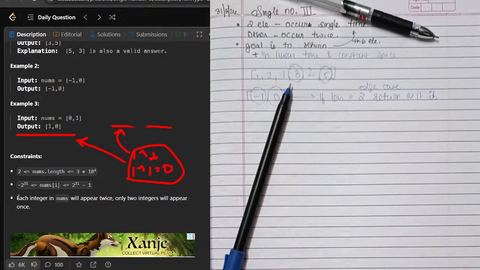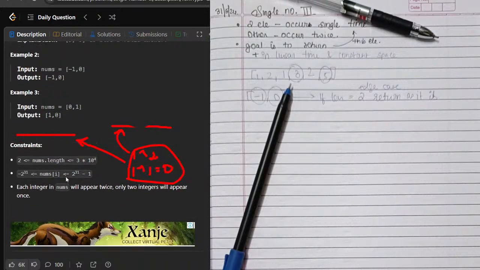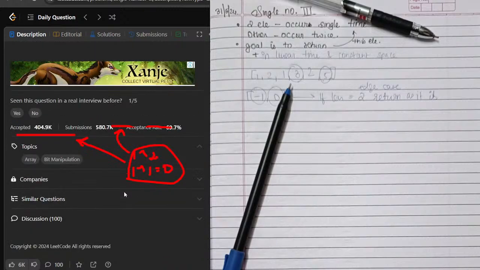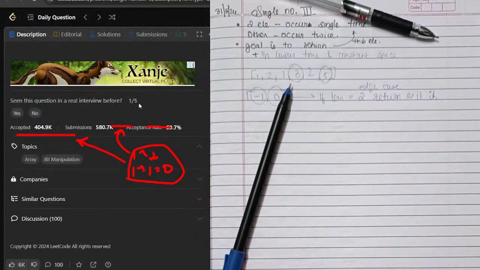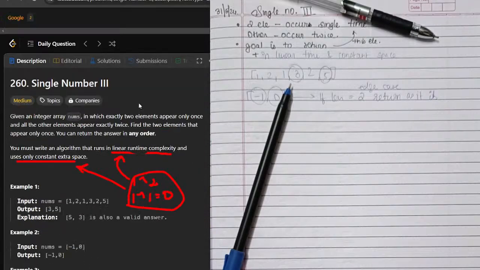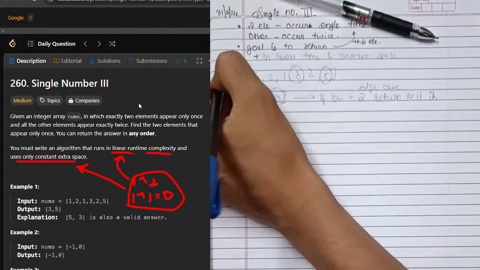Constraints are understood. They are very high, so we can't use the brute force approach of keeping a map. Each integer appears twice and only two integers appear once. Edge case and example are understood.